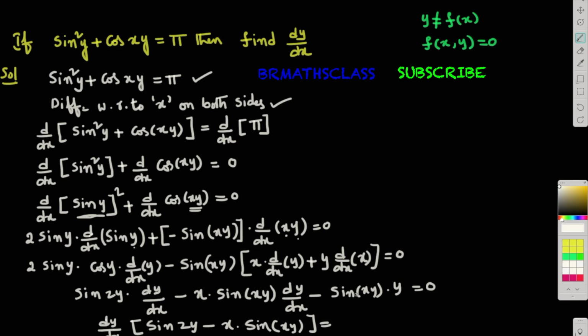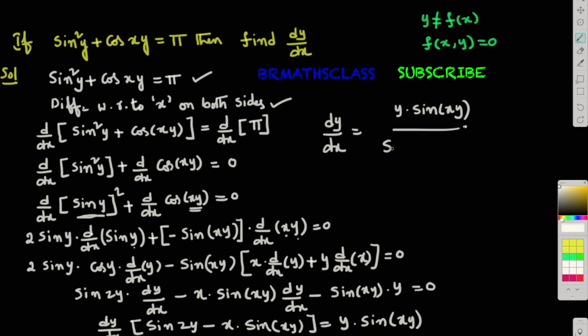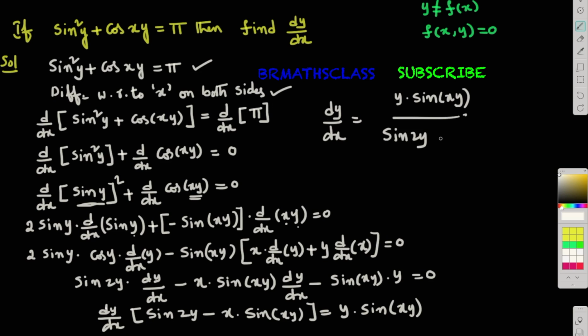Then this minus sin xy into y will become plus y into sin of xy. What is dy by dx from this step? You can easily understand that dy by dx is nothing but y into sin of xy whole divided by sin 2y minus x into sin of xy.